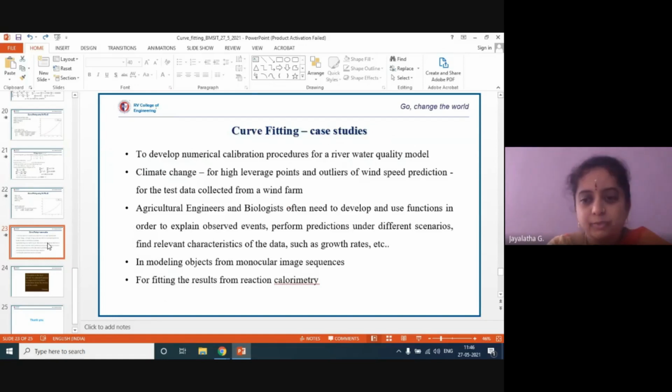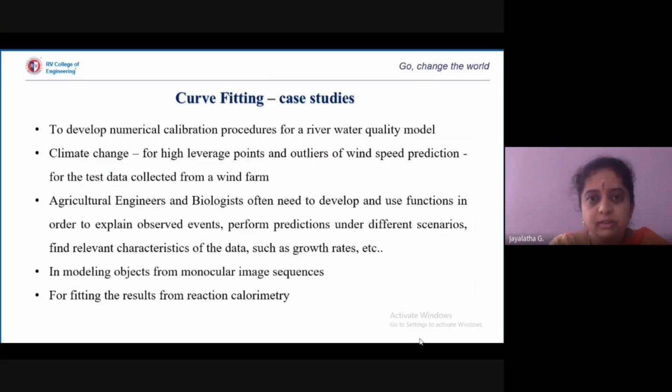So let's see a few case studies. It could be to develop numerical calibration procedures for a river water quality model. I'm trying to take a few case studies which involve large data. So it could be climate change, high leverage points and outliers of wind speed prediction for test data collected from a wind farm.